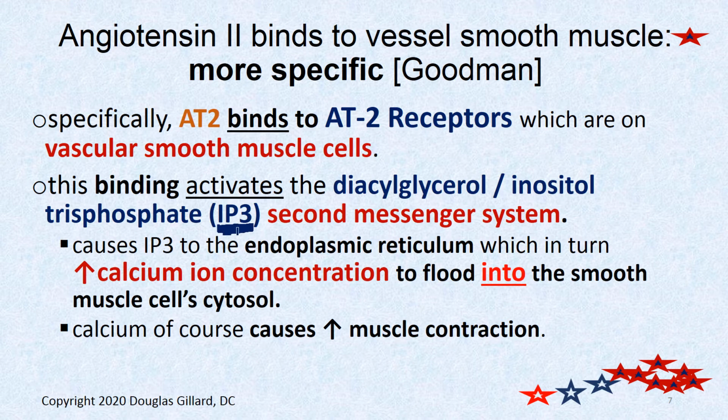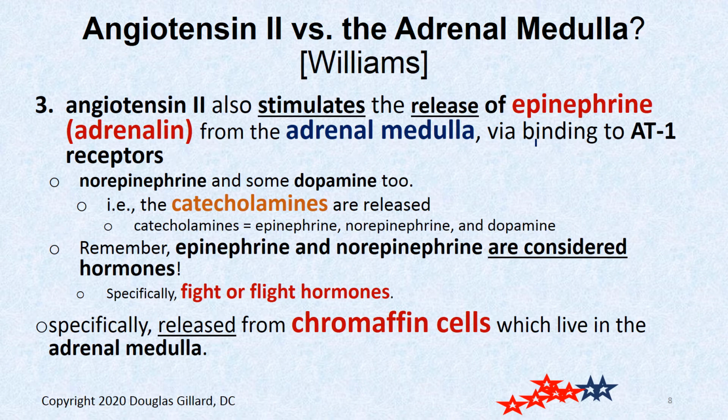I'm sure you've studied that in biochemistry. So that system, what does it do? That causes the endoplasmic reticulum in the smooth muscle cell to dump calcium ion out into the cytosol. And that, of course, stimulates the contraction of actin and myosin and causes tension in the smooth muscle, which decreases the lumen size, which boosts up blood pressure.